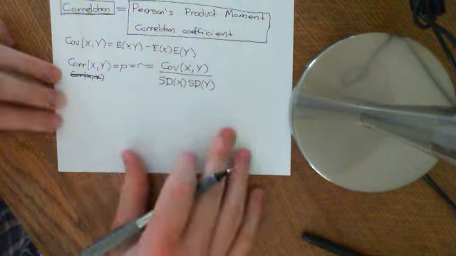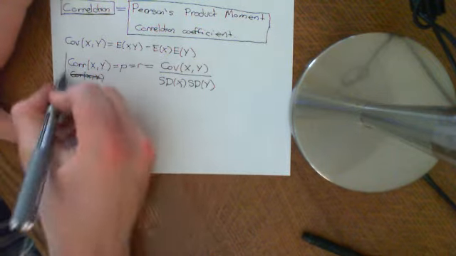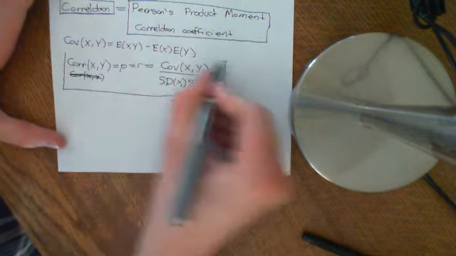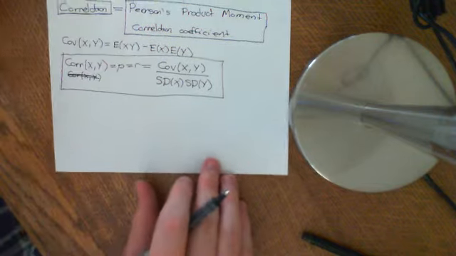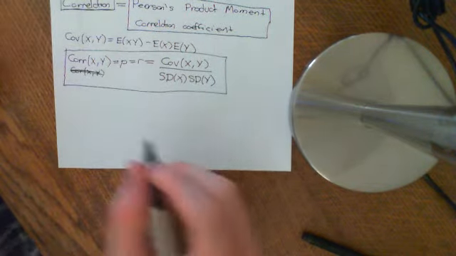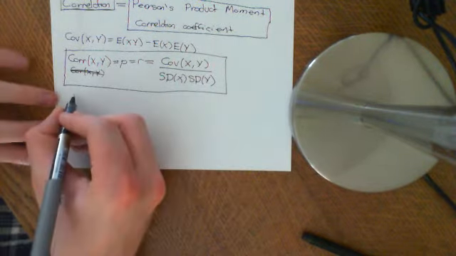So that is the definition of correlation of these two random variables. There, we'll box that up.